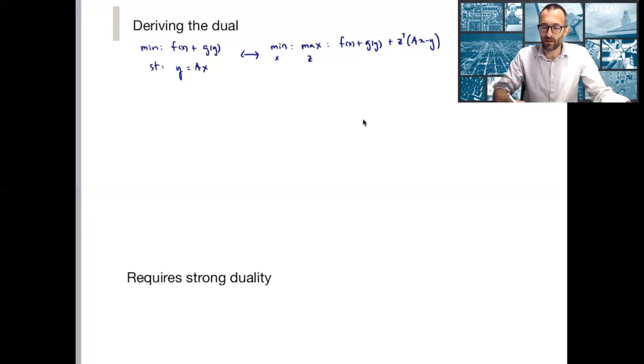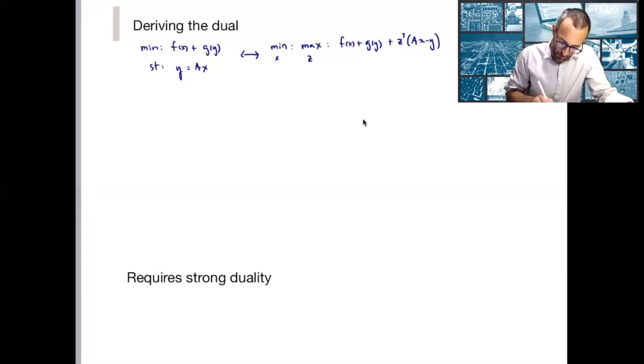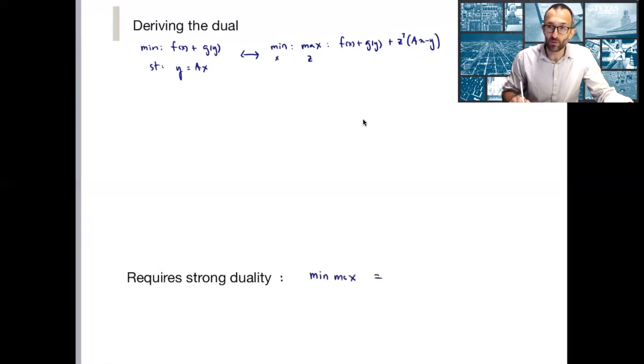But then if you do that, the inner max goes away. You've satisfied this constraint here, and you're exactly left with the original problem. So these are equivalent. Okay, now by strong duality, which I've written down here, strong duality is basically saying that min-max is equal to max-min.